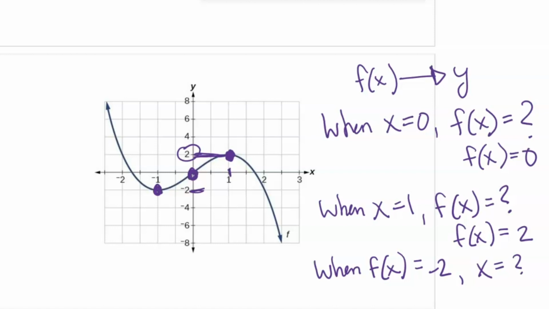We have a point here, and we have a point here. So when f of x equals -2, then x equals, we have a -1, and we also have a 2, because it's -1 right here, and it's 2 right here. So that's just finding the values of x and y when you're given one or the other. And remember, f of x is your y value.